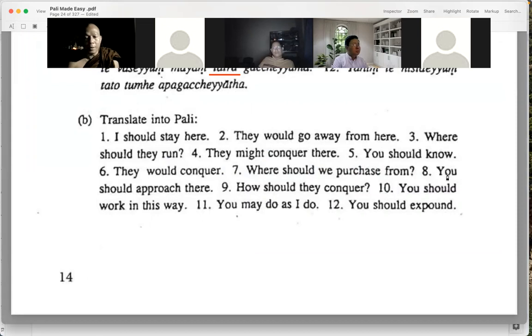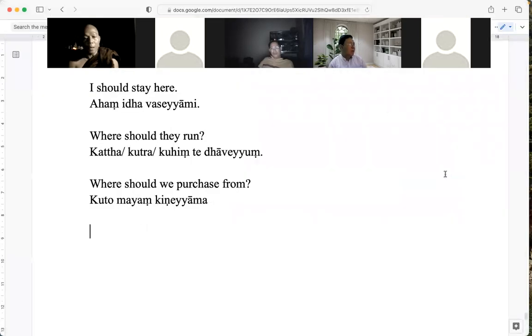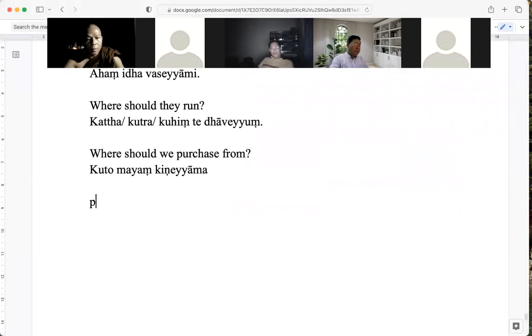And then number 8. So you should approach there. Here also you, second person singular, done or do me, should, optative, second person singular. So ERC, approach means babu na. Yeah, babu na. So ba, brief fix.